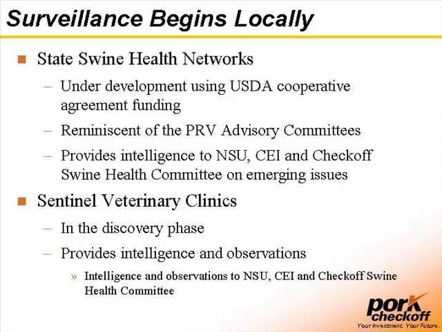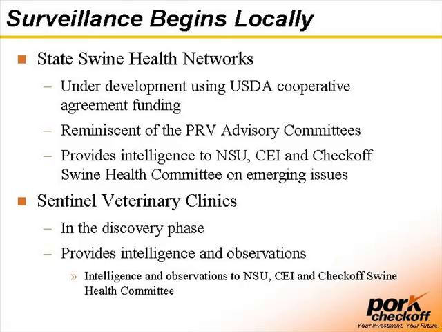Those were people who had expertise in swine diseases. They knew where the producers were. They had relationships with the state animal health official, the diagnostic lab, swine practitioners, and producers, and those committees had been pretty much disbanded. So the work has been going on to try to revive those in some of the major swine states and use them as a potential early warning system, intelligence on emerging issues.